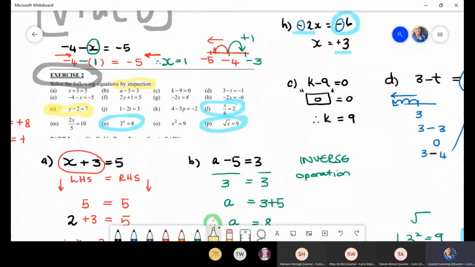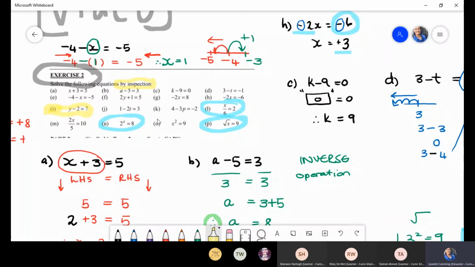Considering that value, the inverse operation will allow me to take it from the right-hand side, saying if I'm left with 7 and I had 2 more, then the answer should be 9. Therefore, y is equal to 9, because 9 minus 2 is then equal to 7. So therefore, y is 9.